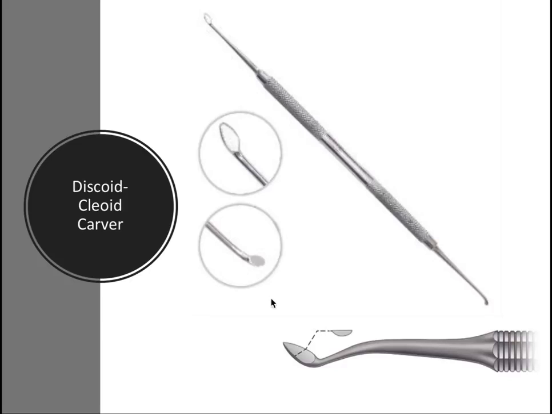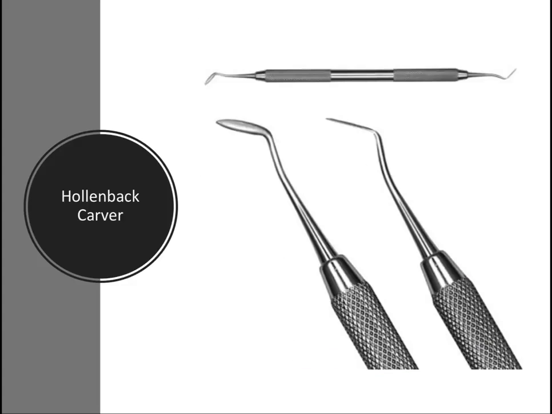The discoid, or circular disc-like end, is used for carving pits and fossa into the amalgam. The Hollenbach carver is also a double-ended round-handle instrument used for placing, carving, and contouring amalgam. The two ends are oriented 90 degrees to one another.